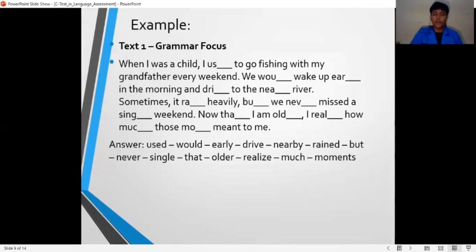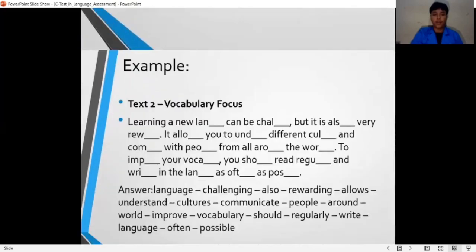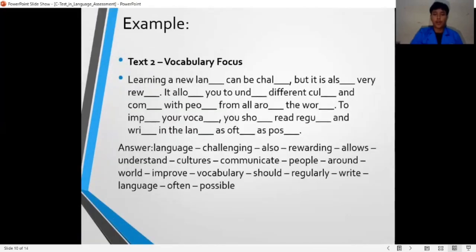Example. The first example is the grammar focus of the C-test. Why I choose this test? Because it is going to upgrade the grammar focus of the student. The text number 2 is vocabulary focus. Why?